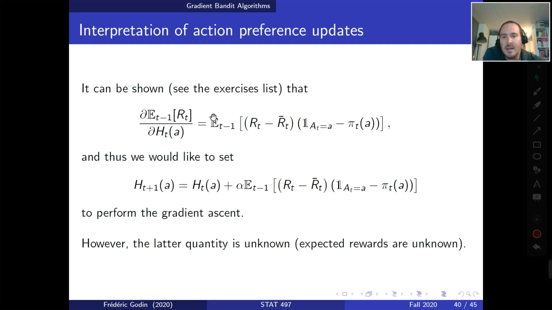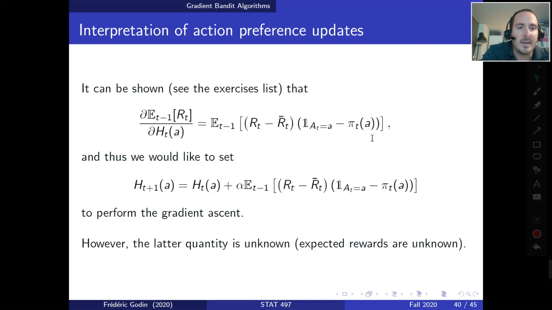Okay, so it can be shown that the derivative of the expected reward on the next step with respect to the action preferences can be written as follows. It's the expectation, given your first t minus 1 plays, of the difference between your next reward and your historical average for all rewards up until play t, times this indicator.